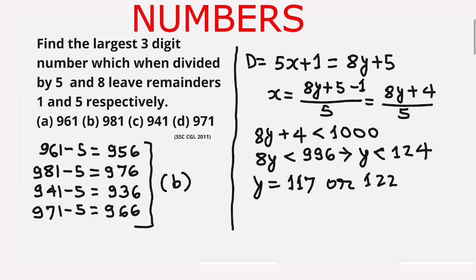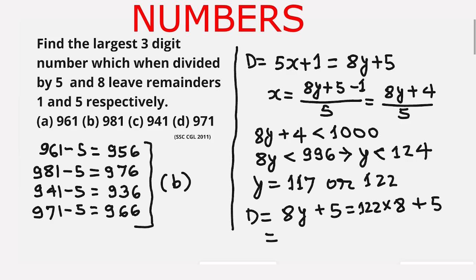If we put y equal to 117, then it will not be the largest 3-digit number. So we have to take y equal to 122, and if we put y equal to 122, then what will be our dividend? D equal to 8y plus 5, and that is equal to 122 multiplied by 8 plus 5.